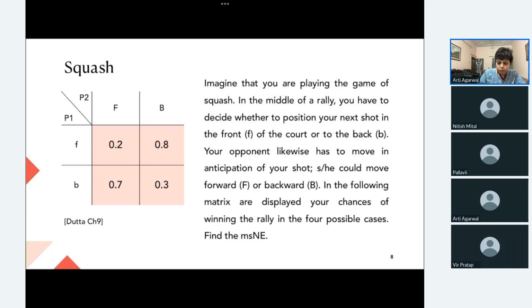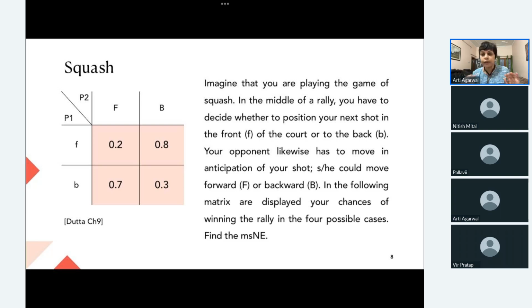So in this game of squash, if you are starting a rally, suppose you are hitting a shot, and you have the choice of hitting to the front of the court, or to the back of the court. Ideally, if you are hitting to the front, you want your opponent to go to the back of the court, because that's how they're going to miss the shot. And they are in some place from where they can go to both the places.